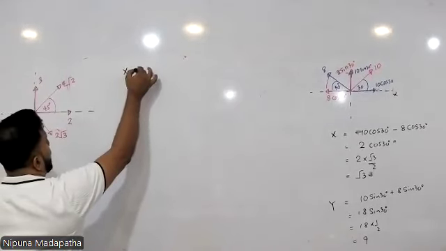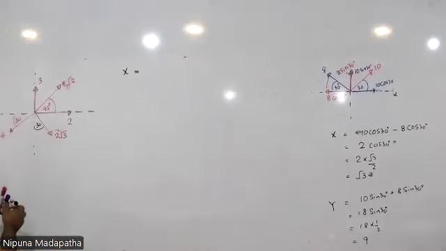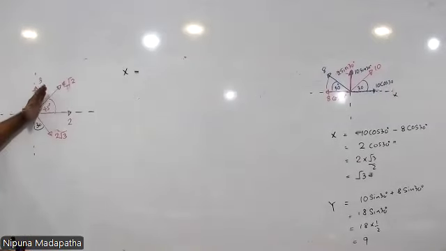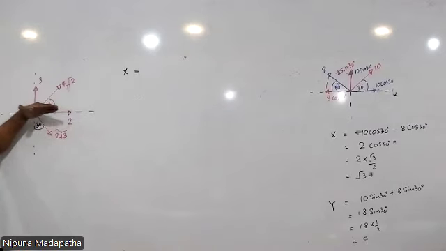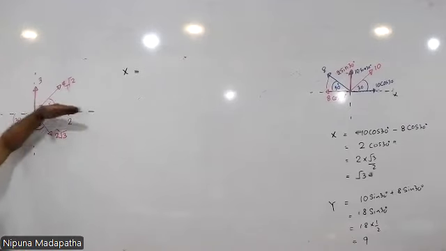If the angle is theta, the component along the x direction is given by 2 cos theta. And theta is 0. Cos 0 is 1. So the component is equal to 2.